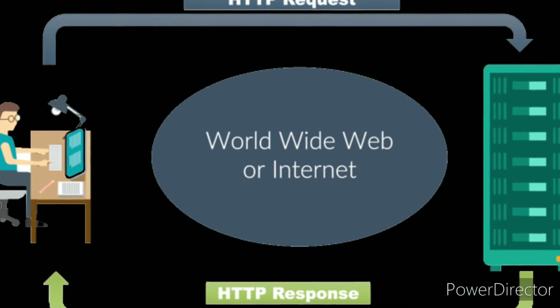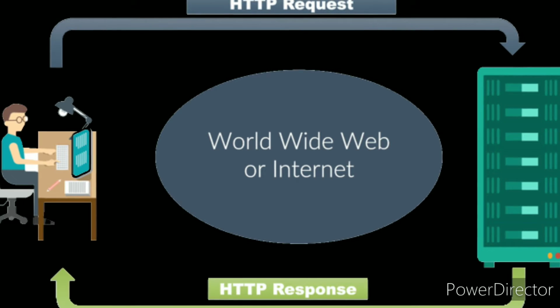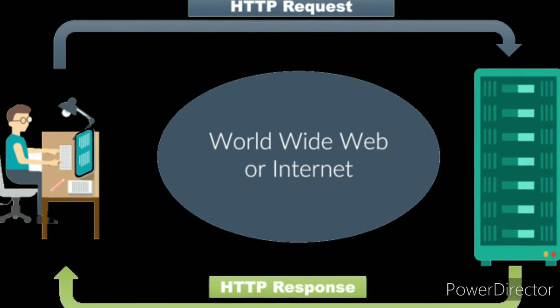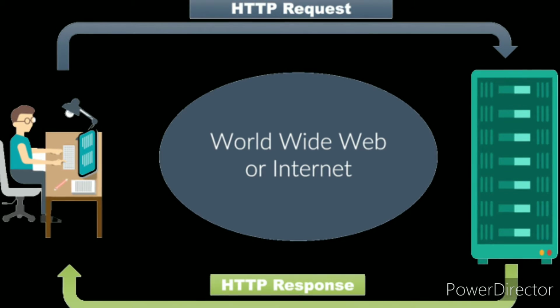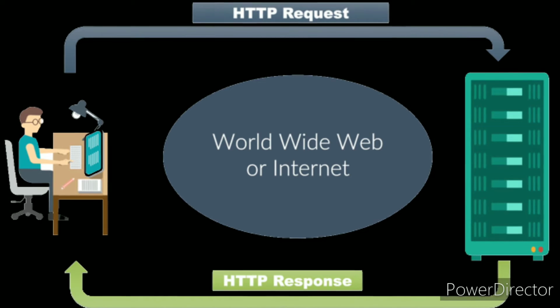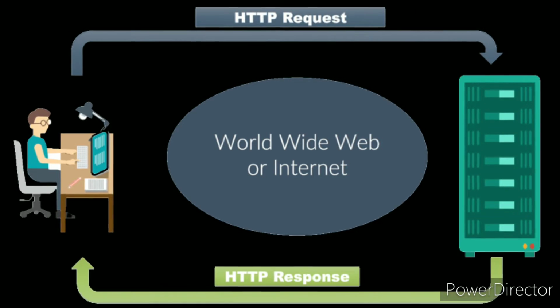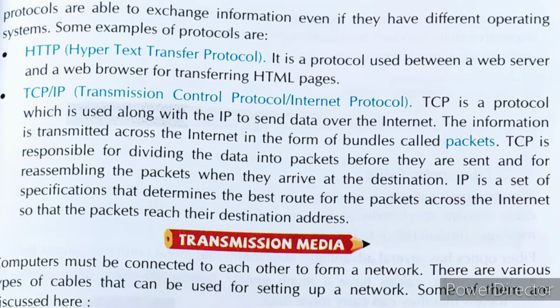Some examples of protocols are: first, HTTP, Hypertext Transfer Protocol. It is a protocol used between a web server and a web browser for transferring HTML pages. Second is TCP/IP, Transmission Control Protocol or Internet Protocol.